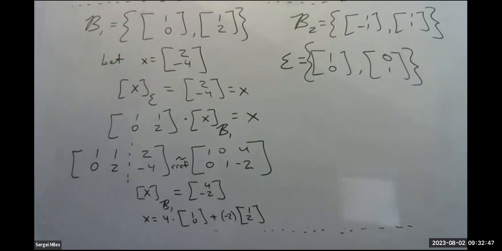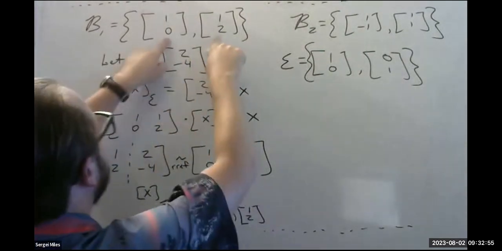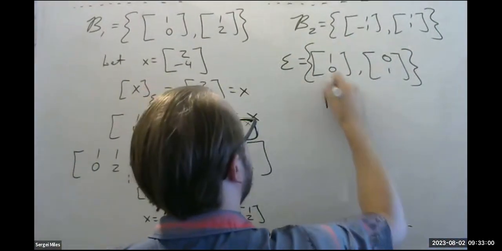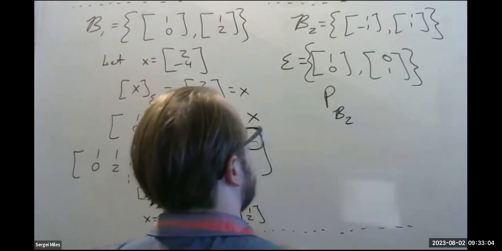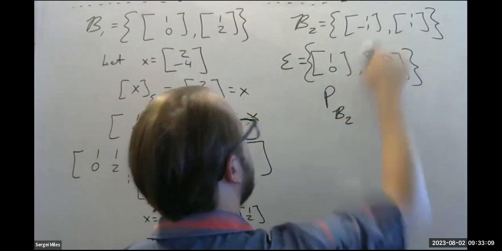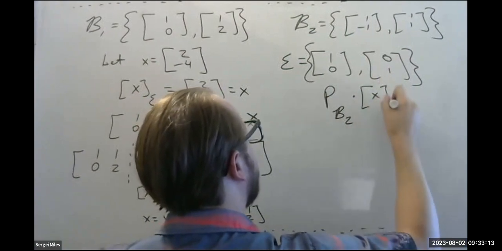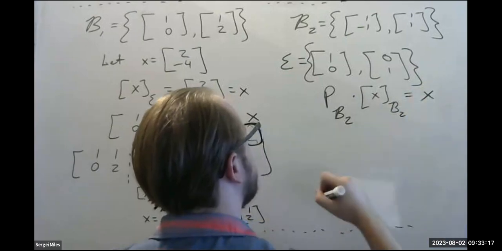Option 1 is to just rinse and repeat, do the exact same process, right? Instead of trying to find the combination of the B1 vectors, I want to find the combination of the B2 vectors. So we have P sub B2, this was our notation from yesterday. This is the matrix which is created from the B2 vectors times x in terms of B2 equals x, right?